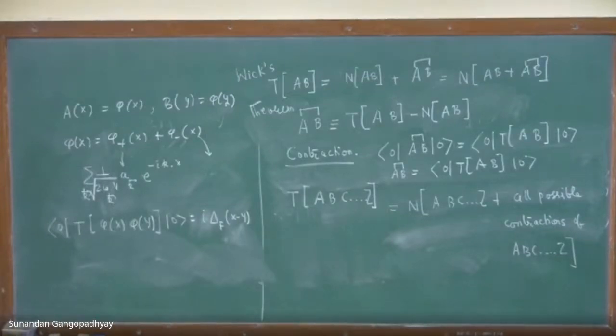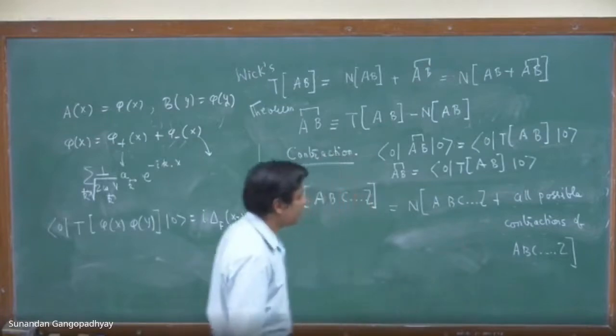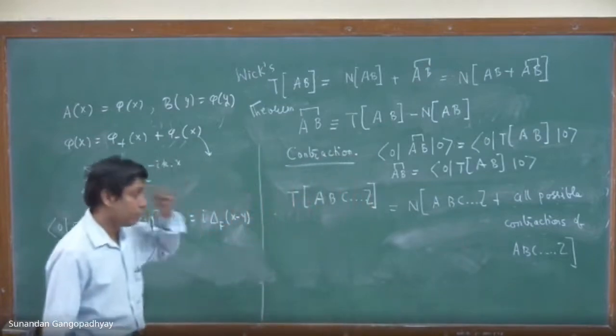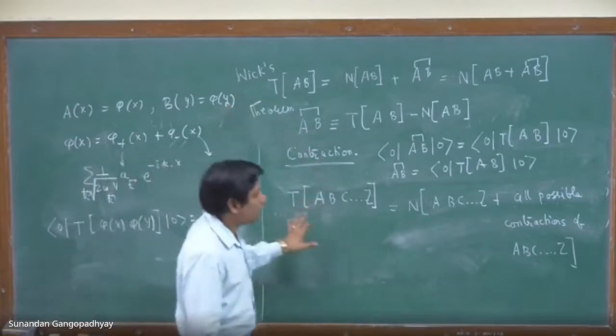I have already mentioned this before, but I would like to mention this once more, that this Wick's theorem works only for free fields. That is, the fields which are in the interaction picture or the Dirac picture.